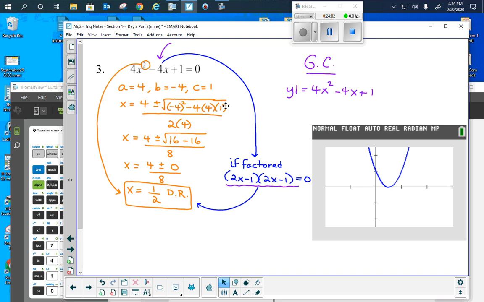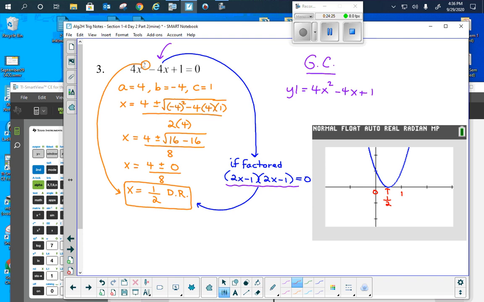I know that those tick marks are counting by 1, and therefore I'm pretty comfortable saying, yeah, that's definitely looking like, if that's 0 and that's 1, that's looking like about 1/2 right there. Which is the answer that we got. And we know that since it's a quadratic, you would be saying 1/2 twice, right? You'd be getting a double root.